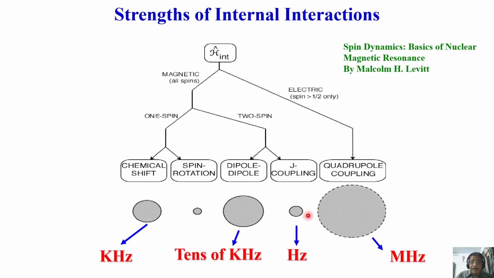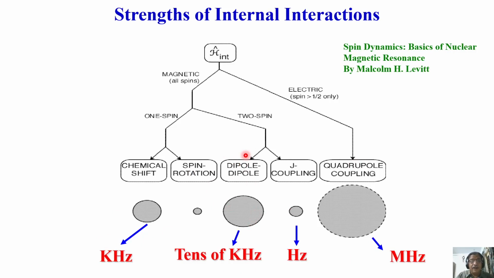And the J coupling, as I said, through covalent bond, is of the order of a few hertz. It can be 5, 10 hertz between protons, a few tens of hertz, a few hundreds between two different heteronuclei. This is of the order of a few hertz to hundreds of hertz. Dipole-dipole interaction, that is the through-space interaction, is of the order of several tens of kilohertz. That's very important.